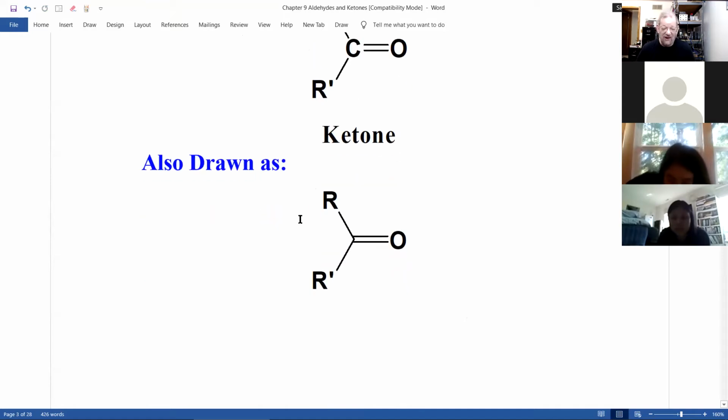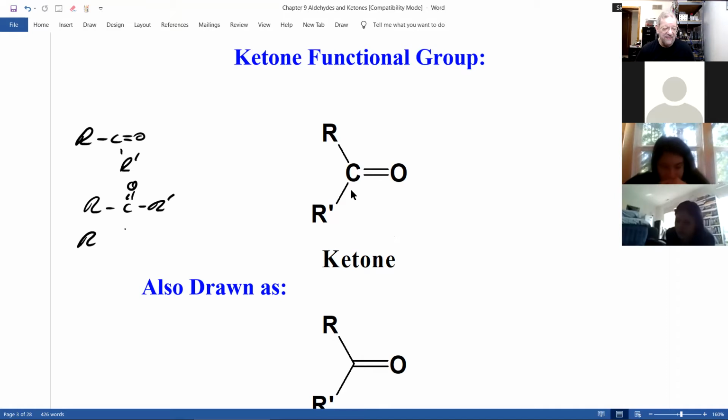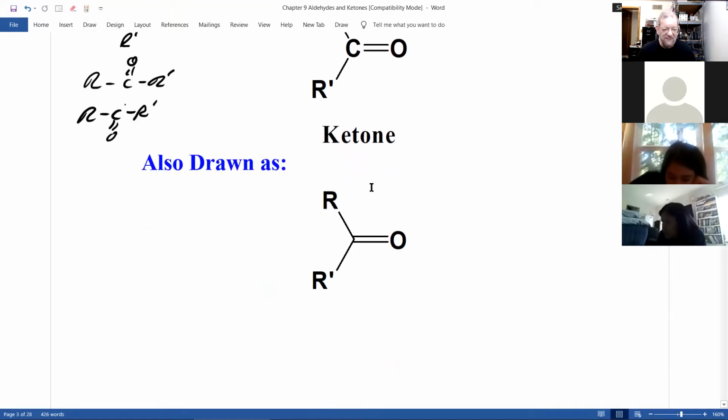You can draw it that way, or like this, or with the oxygen on top, or you can put a double bond like this. Remember, molecules rotate in 3 dimensions, just like your body does.